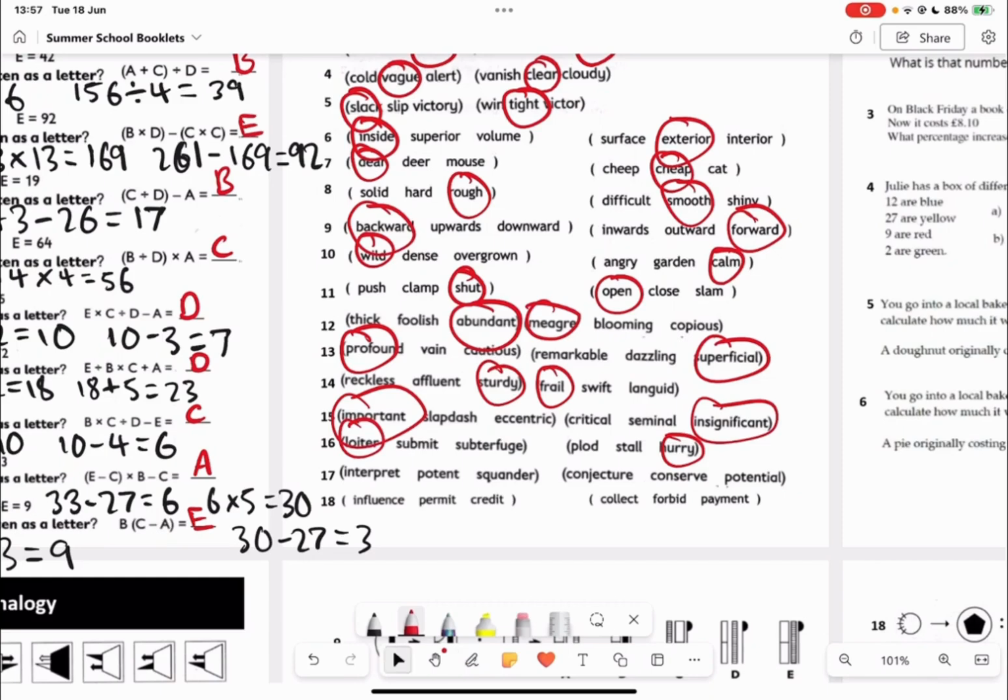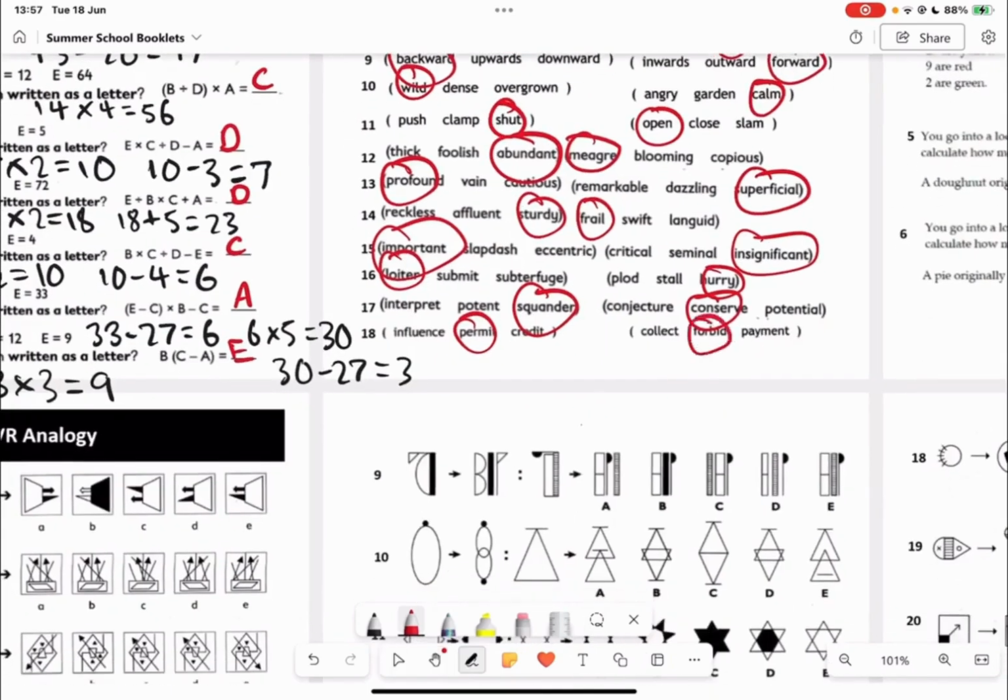So squandering is the opposite to conserving. So squander is when something is often changing, whereas conserving, you're keeping it the same. Then question 18, it will be permit and forbid. So when you permit, you allow something to take place, whereas if you forbid, you're saying that it could never happen.